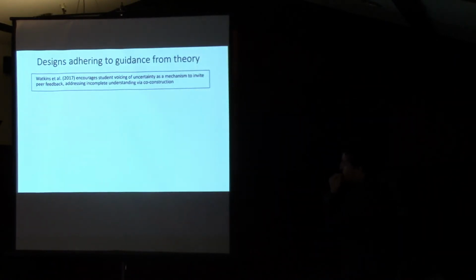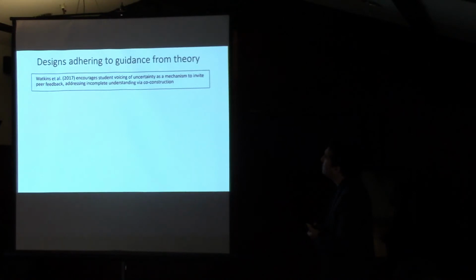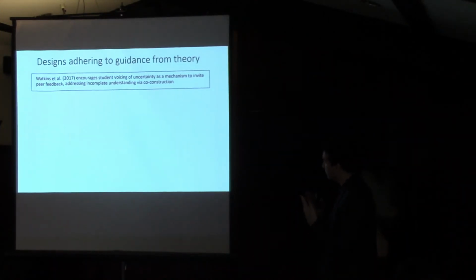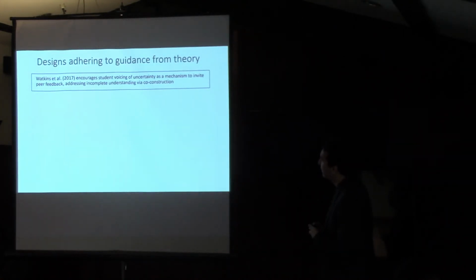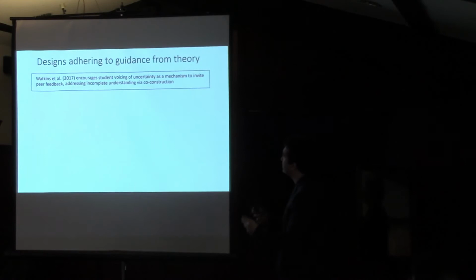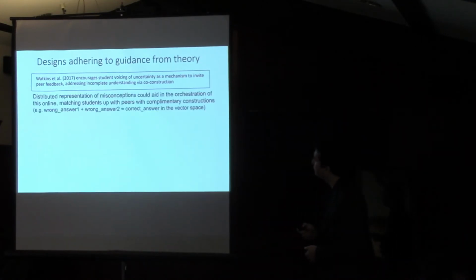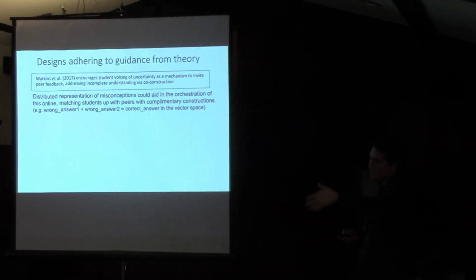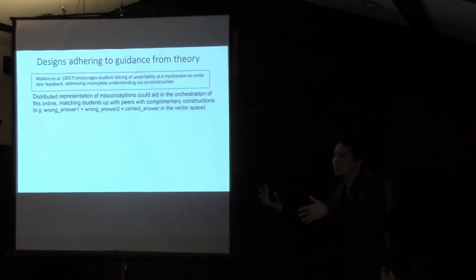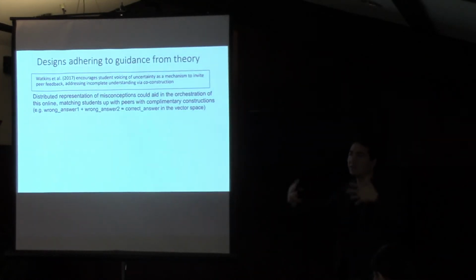Another possible intervention, Watkins had an inspiring piece where she encourages student voicing of uncertainty as a mechanism to invite peer feedback and address incomplete understanding via co-construction. So she'll have a student express their understanding, and then she'll encourage a student who looks confused to voice that confusion, and then they have a dialogue.